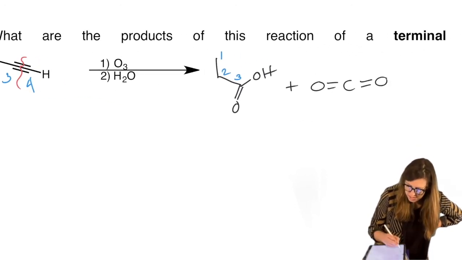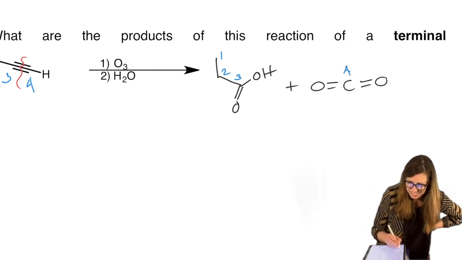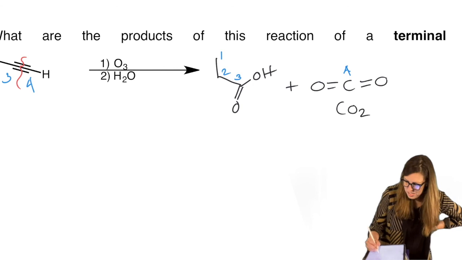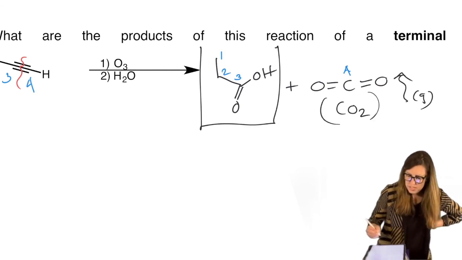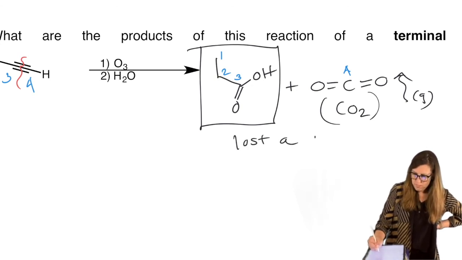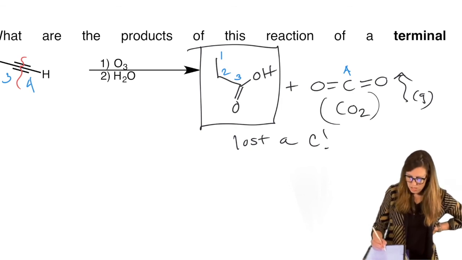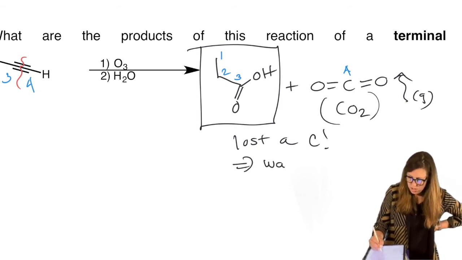That can be mysterious because it's not always drawn. It's a gas, right? So your answer key might just show this, and you say, oh no, I lost a carbon. I must have had a terminal alkyne, right?